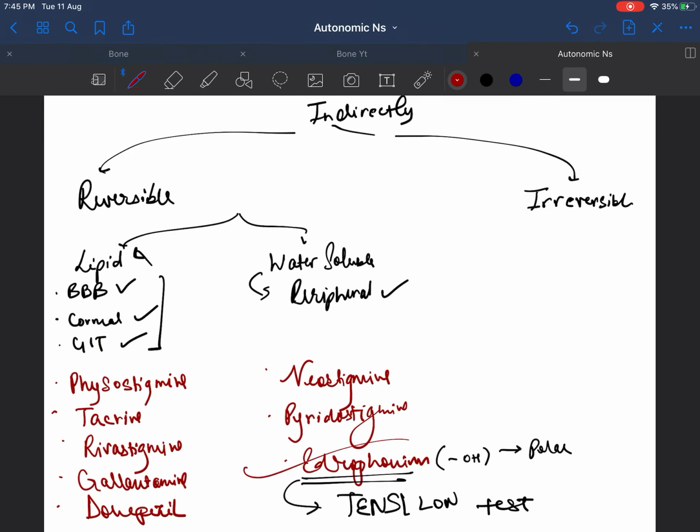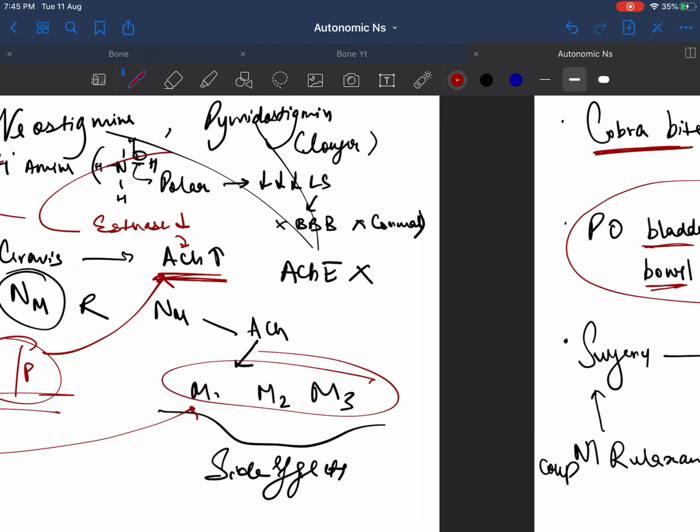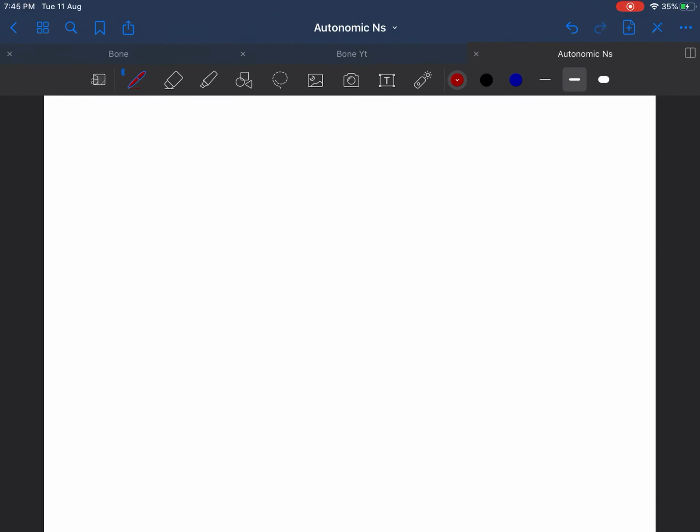So we have discussed pyridostigmine and neostigmine. Also, pyridostigmine is longer acting than neostigmine. Now we'll come to physostigmine, tacrine, rivastigmine, and galantamine. Coming to physostigmine first.